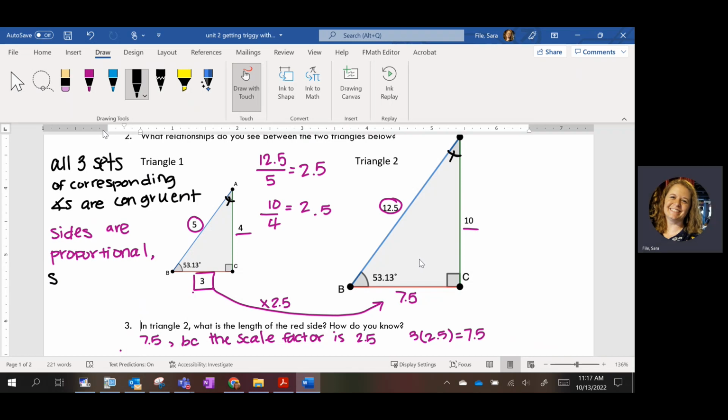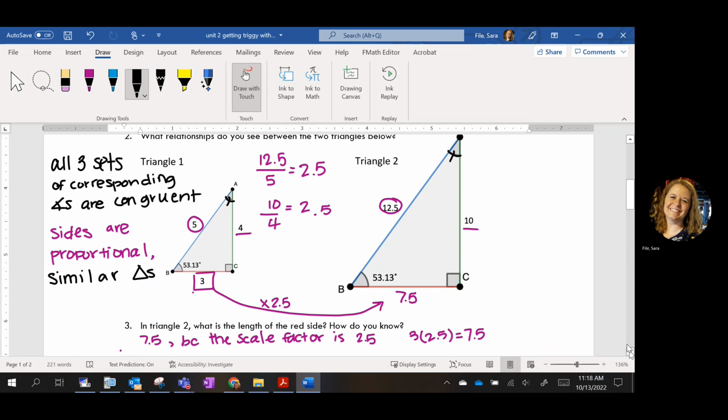So angle, angle, angle doesn't prove congruent triangles, but it does prove similar triangles. Okay, so these are similar triangles, which means they are proportional to each other.